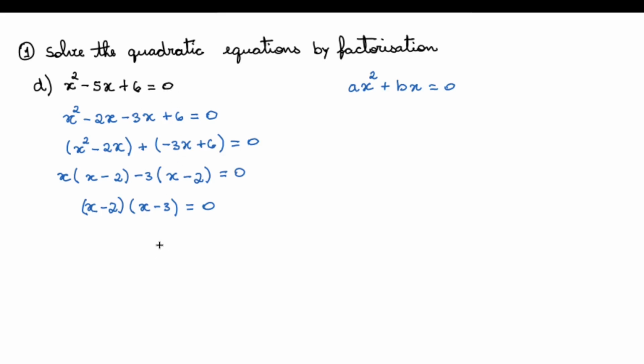Now we can apply the null factor law to solve this equation. The null factor law states that when the product of two factors equals 0, the first factor x minus 2 is equal to 0, or the second factor, x minus 3, equals 0.